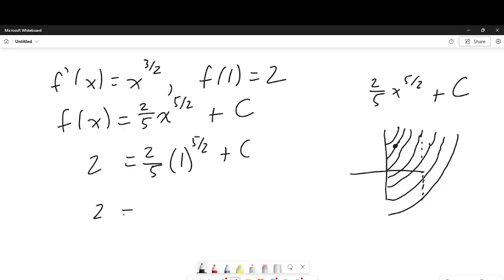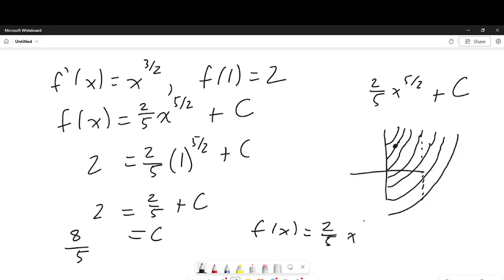We get 2 equals 2/5 plus c. So then c is 2 minus 2/5, or 8/5. So therefore f of x is 2/5 x to the 5/2 plus 8/5. And so that is the only possibility we have that would give us x to the 3/2 as derivative and would pass through the point 1, 2.